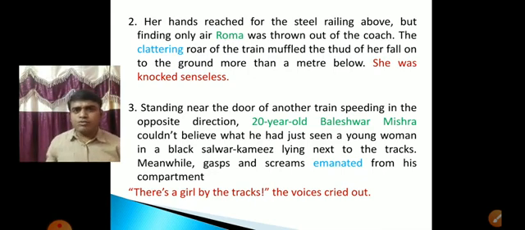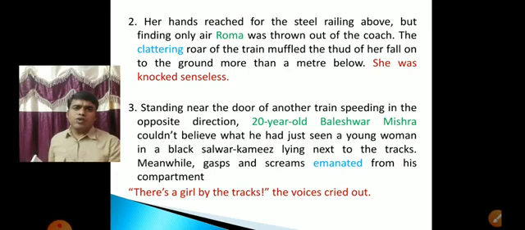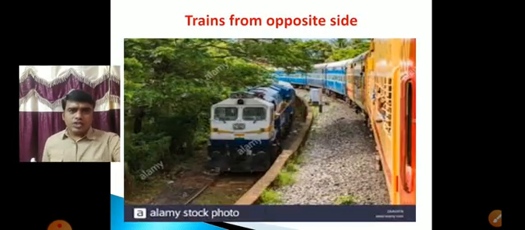When she fell from the moving train, the damage was severe and she lost her consciousness. Thank God she was not damaged more severely. Got it?